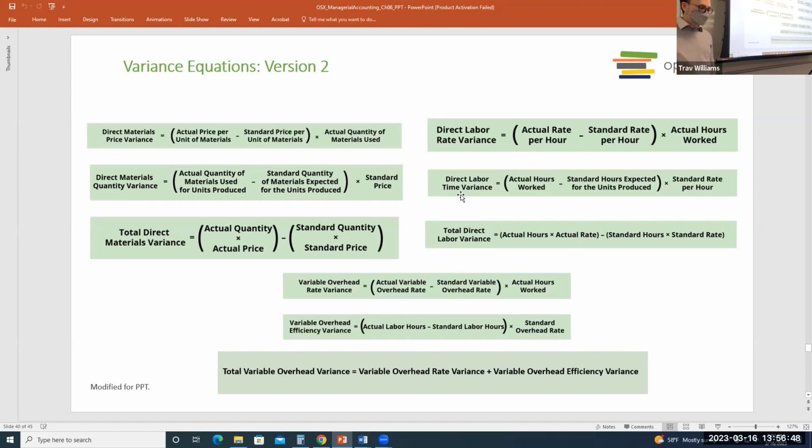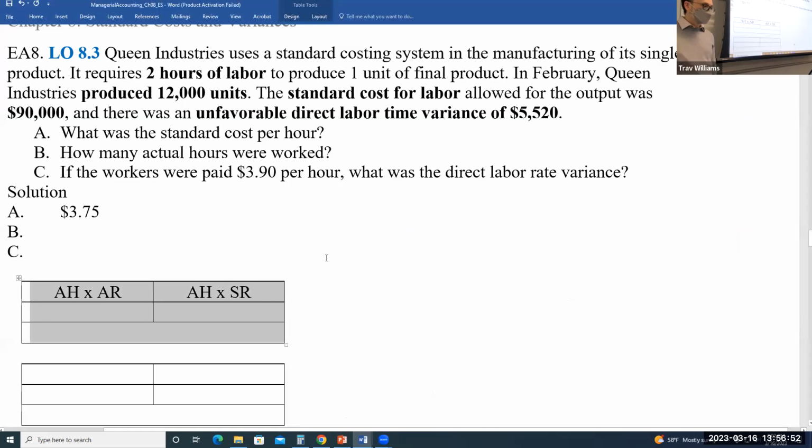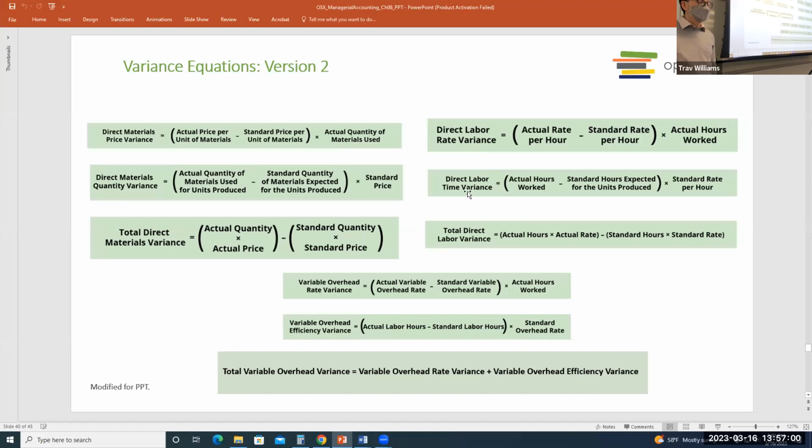Did we have all of this information? Let's see. We had the time variance, but not the quantity variance. Oh yeah, we did have the time variance. Did we have actual hours worked? Again, we didn't actually have that, did we?